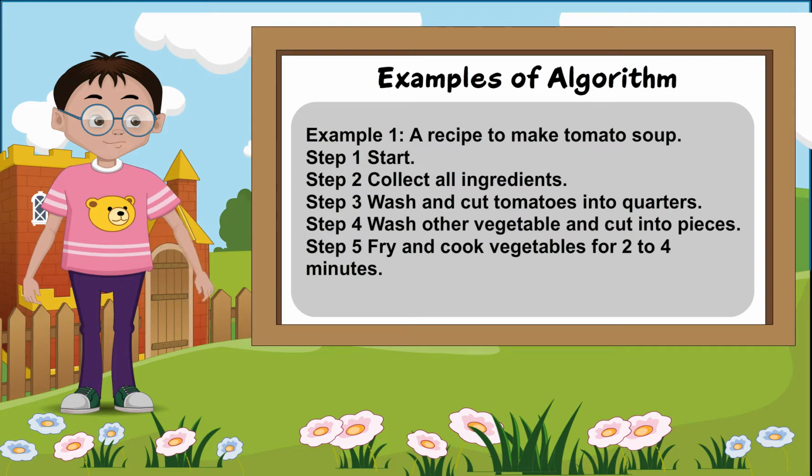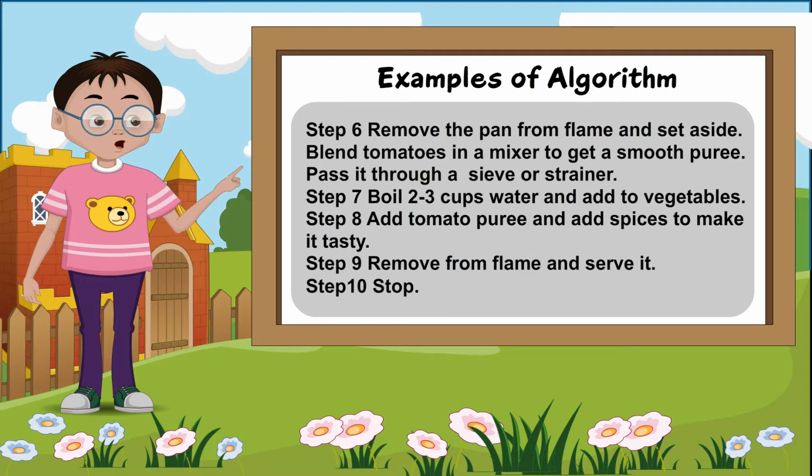A recipe to make tomato soup. Step 1. Start. Step 2. Collect all ingredients. Step 3. Wash and cut tomatoes into quarters. Step 4. Wash other vegetables and cut into pieces. Step 5. Fry and cook vegetables for 2 to 4 minutes. Step 6.